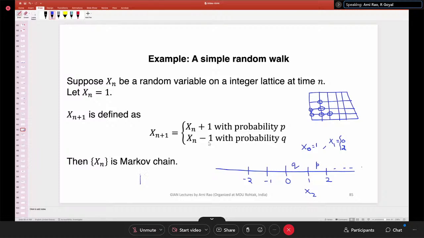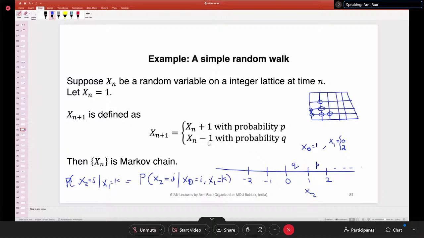Probability x2 equal to j, given x0 equal to i and x1 equal to k, is equal to the probability that x2 equal to j given x1 equal to k.